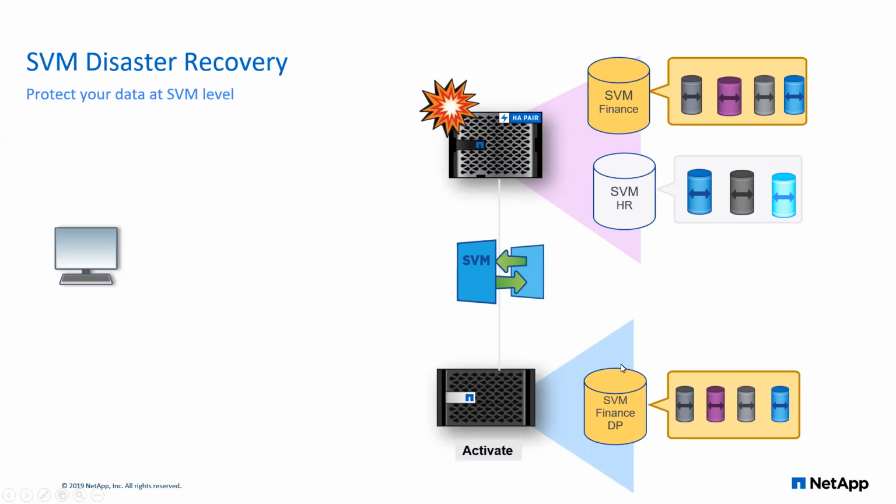We then activate the destination cluster, which, keep in mind, already has our SVM and all of its constituent volumes. And then we just switch our data access to go through the destination cluster. Very similar to the standard concept of how SnapMirror works, except a little bit simpler because we're focusing on SVMs.